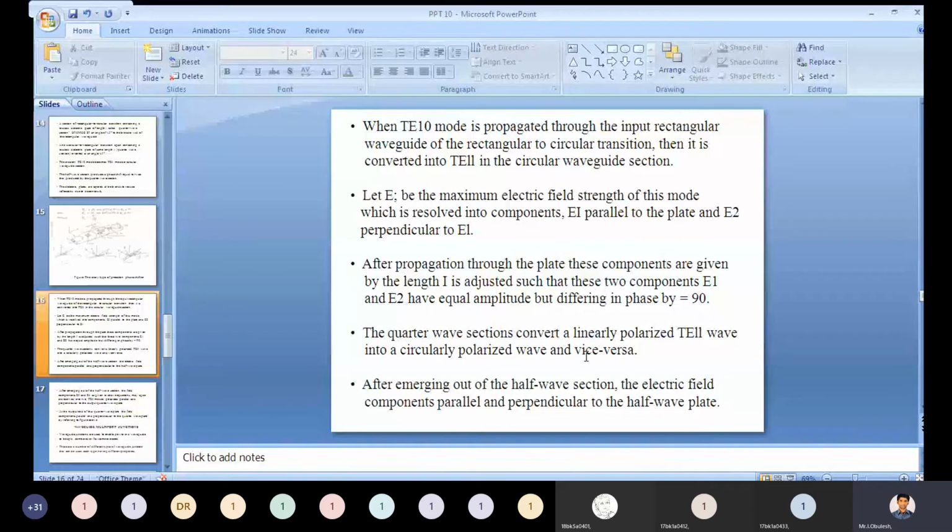After emerging out of the half wave section, the electric field components are parallel and perpendicular to the half wave plate.